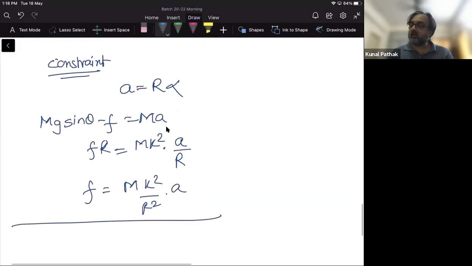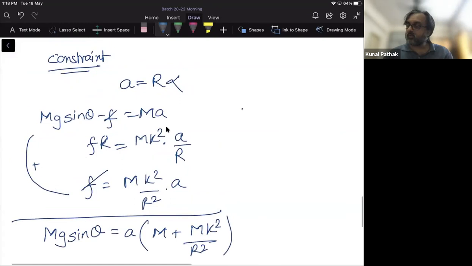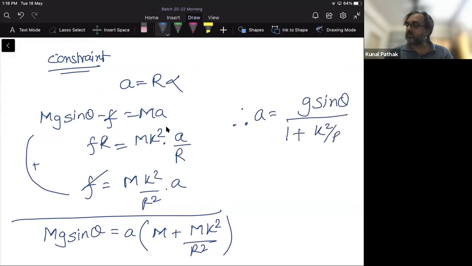And I can add these two. Friction will go away, and I'll end up with mg sin theta is equal to a, and a common m will come out, m plus mk square by r square. Therefore, a is equal to g sin theta divided by 1 plus k square by r square.